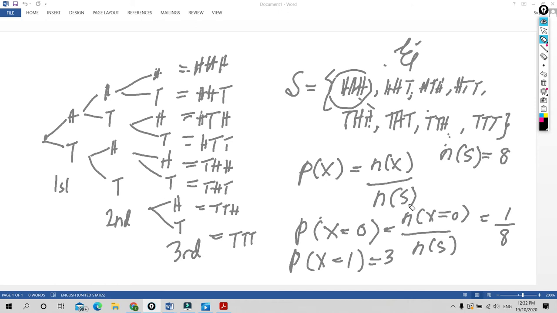You can write it like this: the probability of x equal to 1 is n of x equal to 1 over n of S. Here you have one head: 1, 2 and 3, so 3 over 8.